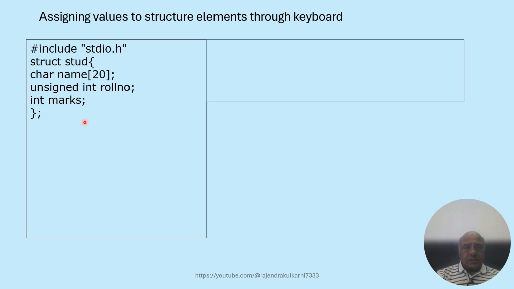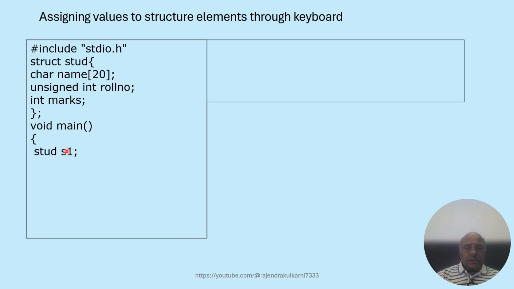So what we have done here is we have declared a structure called stud, defined the structure by using the desired data variables we want to form our structure variable.